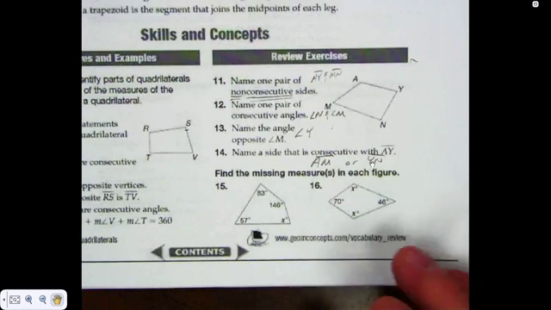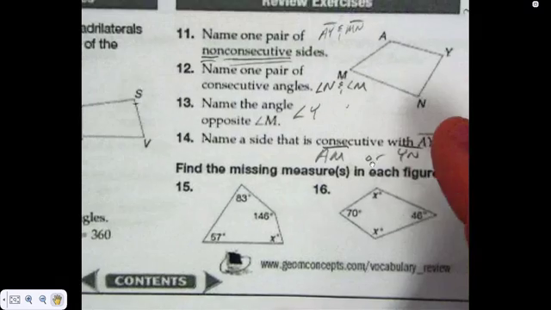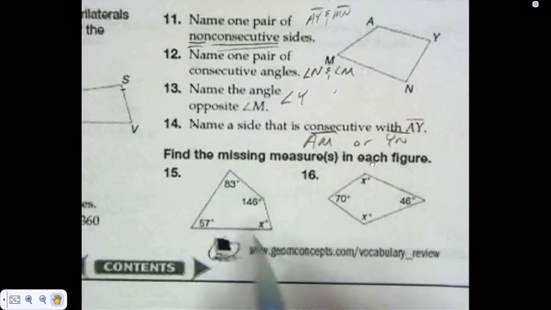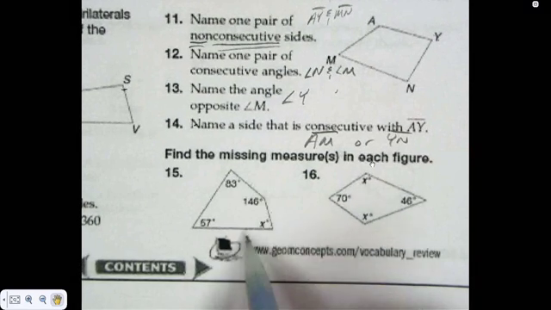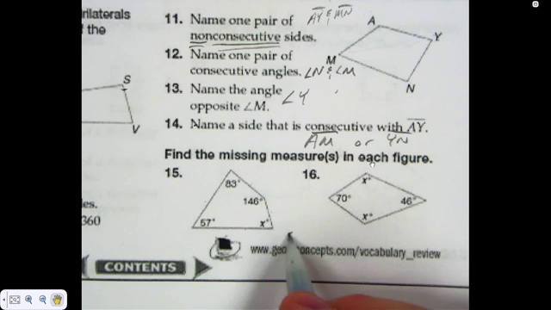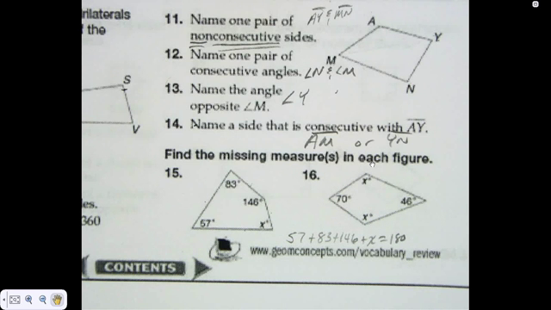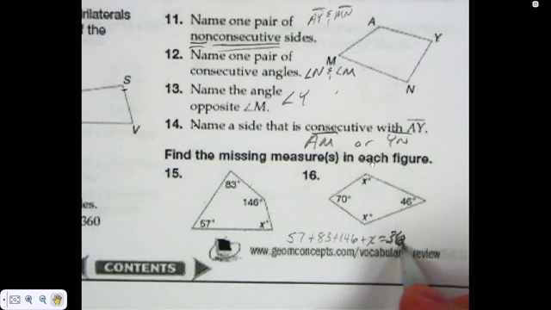Find the missing measure in each figure. We zoom in a little bit here. How many sides does this have? 1, 2, 3. In a quadrilateral, what do the angles inside a quadrilateral add to? So 57 plus 83 plus 146 plus x equals 180, right? 360, good.